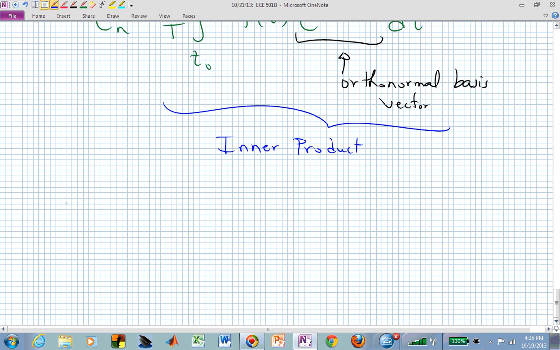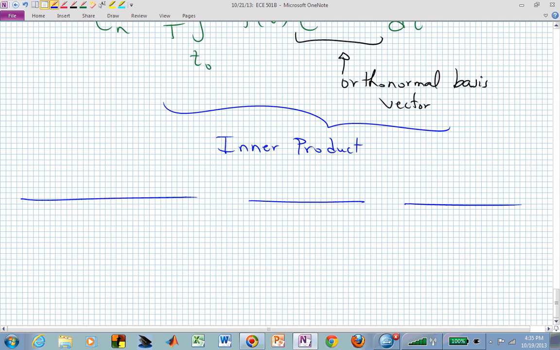That's a connection of a concept that we've derived for these finite dimensional vector spaces. We could extend that to an infinite dimensional vector space by means of this Fourier series example.